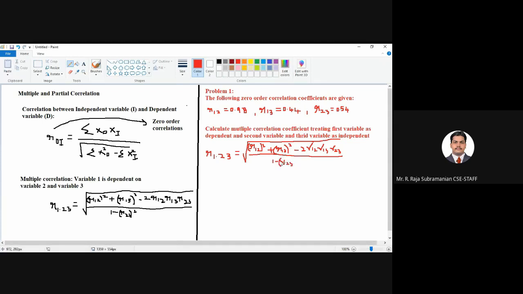So what will be the answer for this? I just substitute all the values here.